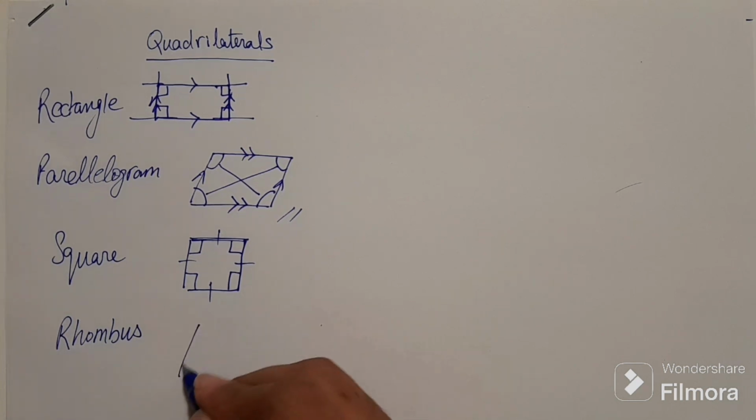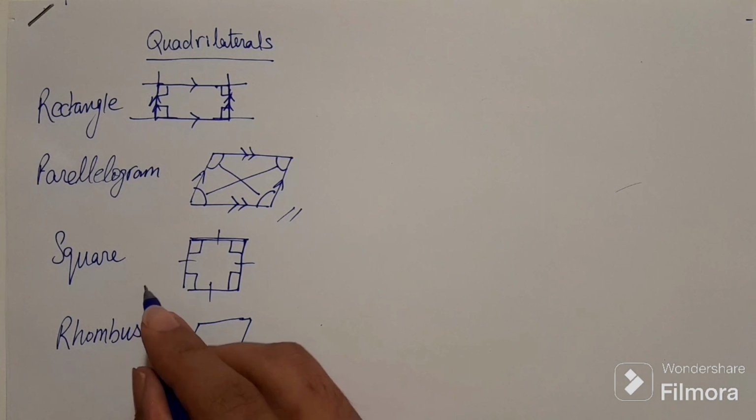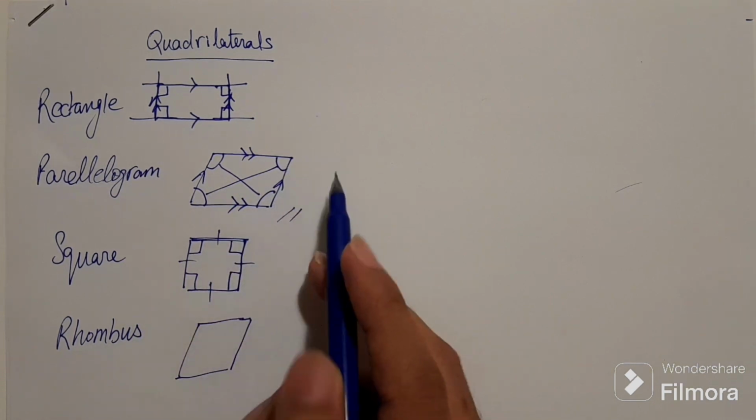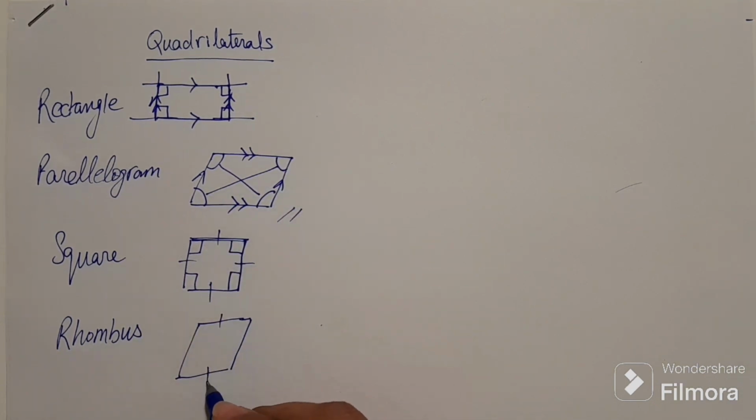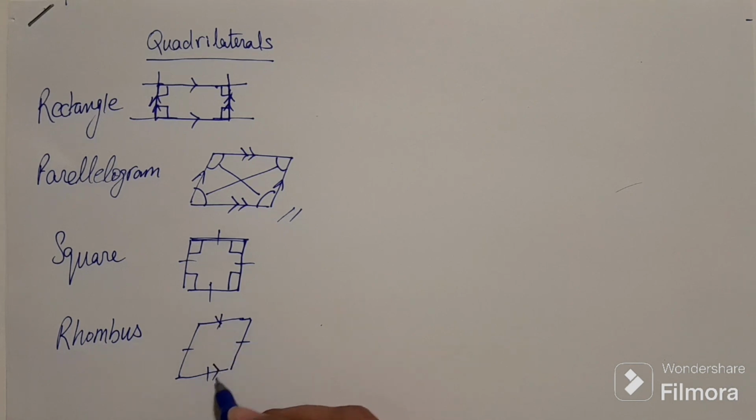So this is a rhombus, all lengths are equal, just like a square, but it is tilted towards the right. So these are the same, and this is parallel to this.